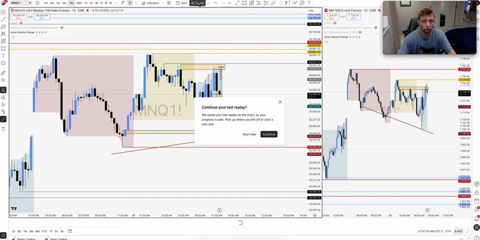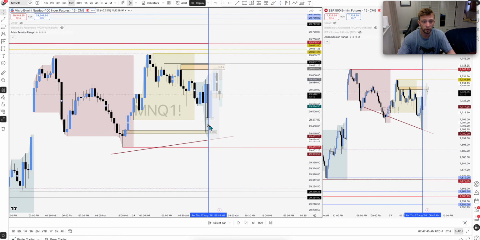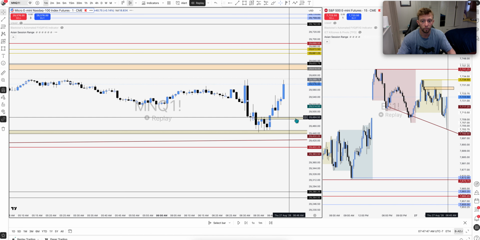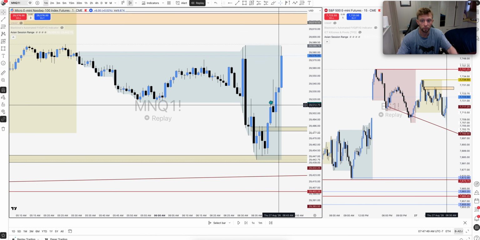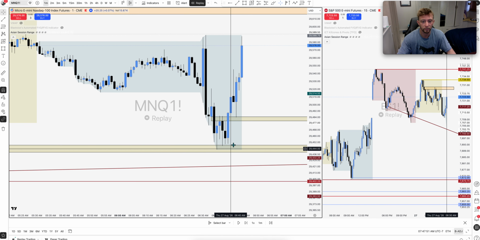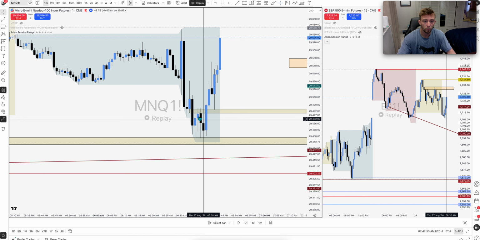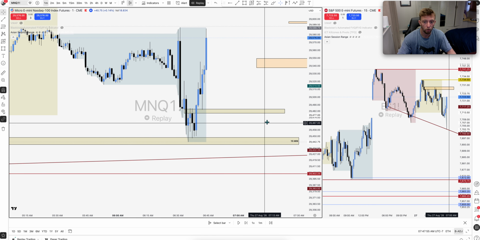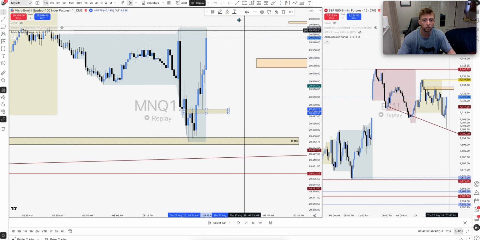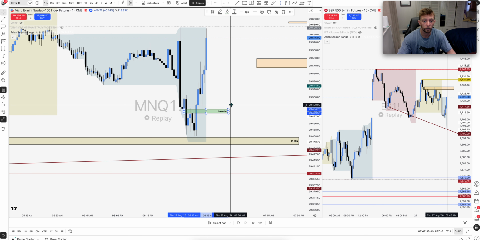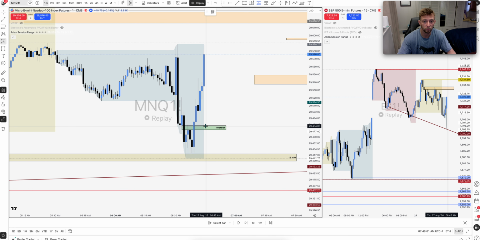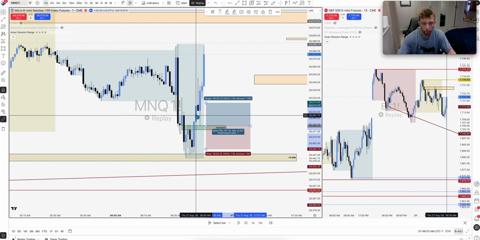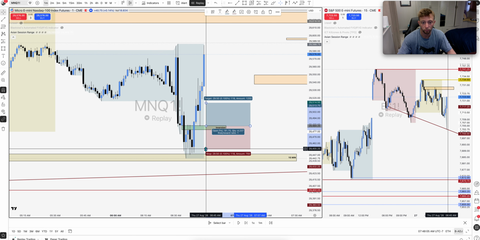So over here on the NASDAQ on the 1 minute, we had tapped into this lower 15 band. There would have been this 1 minute long right here, right? We inverse bullish, would have taken this long setup. You could have taken the initial break or the retest with stops at whichever low.